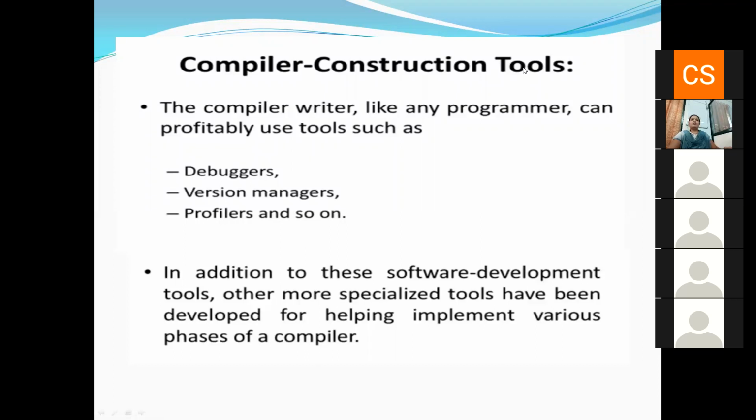We have a separate tool for maybe the lexical analyzer, maybe for the parser. All these are a kind of tool, and we make use of them for a simplified compilation process. That is the benefit of compiler construction tools.